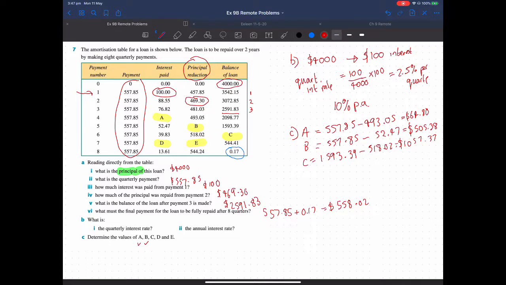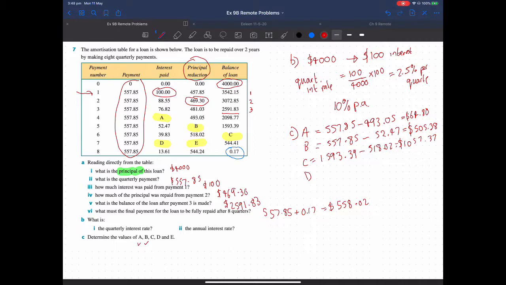For D, D is looking at the interest. We have said that the quarterly interest is 2.5%. We worked that out in part B. So if I was going to work out what D is, I would have to work out what 2.5% was of the balance after payment 6.